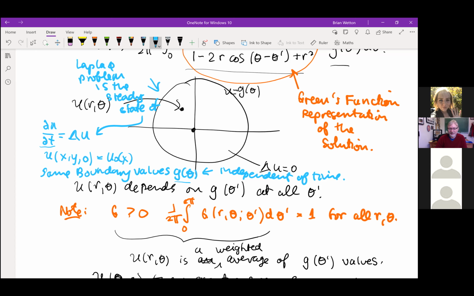So you could imagine you've given the temperature on the outside, and you've just left it long enough so that things have equilibrated inside. If you gave g as a constant, then the only thing left would be a constant temperature.